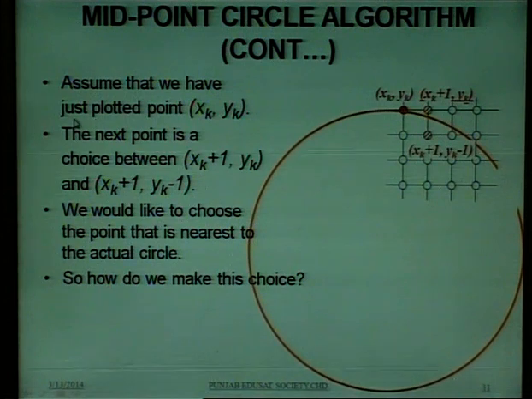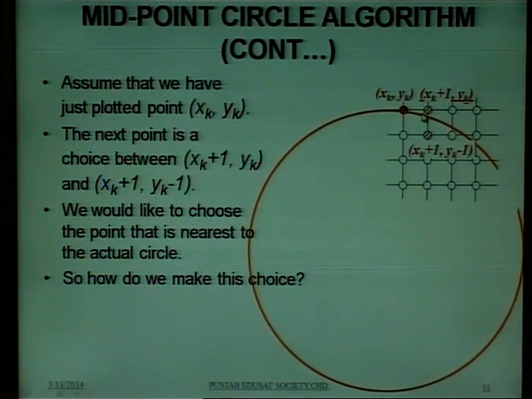Assume we have taken the points xk and yk, that is x coordinate and y coordinate, which is the current pixel. The next point is a choice between (xk plus 1, yk) and (xk plus 1, yk minus 1), meaning the pixel will be lying above or below the symmetry.